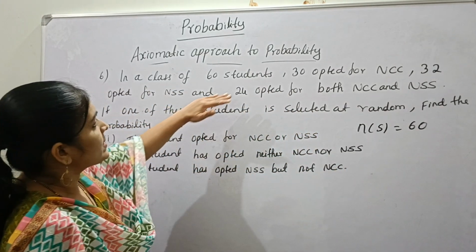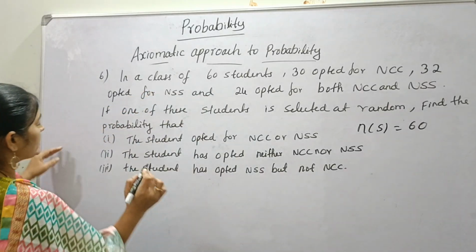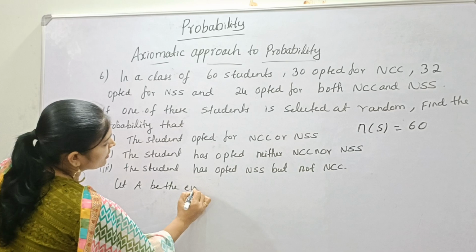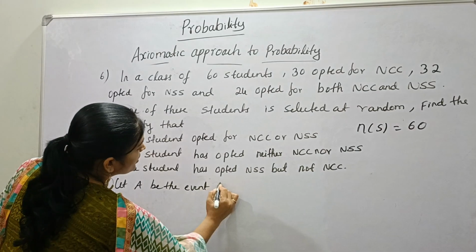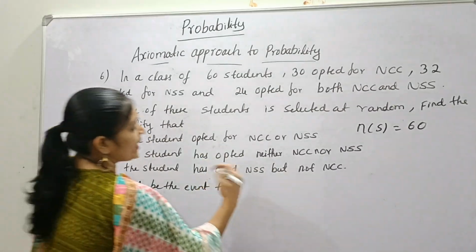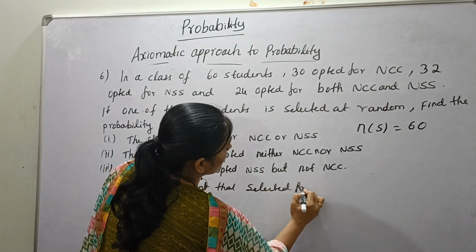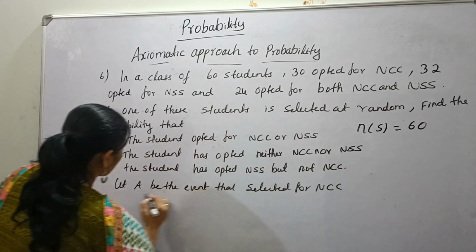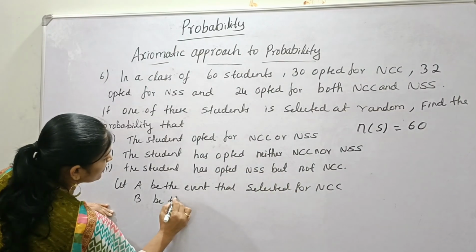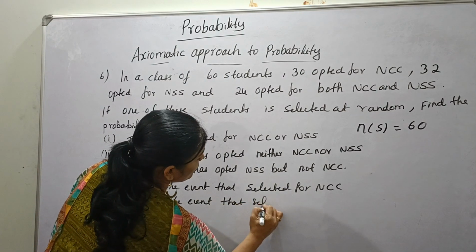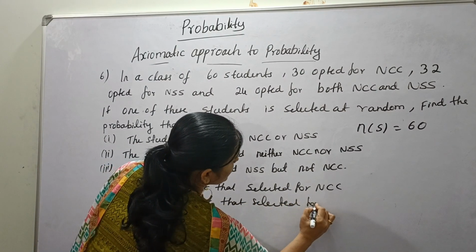So next, let A be the event that the student is selected for NCC, and let B be the event that the student is selected for NSS.